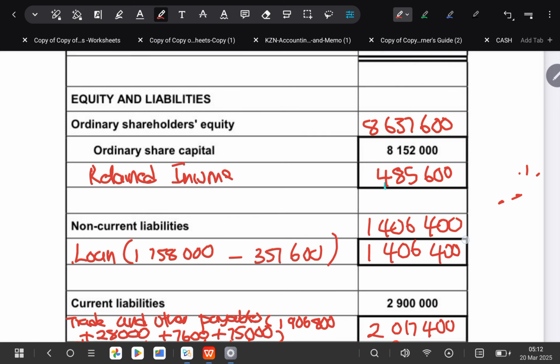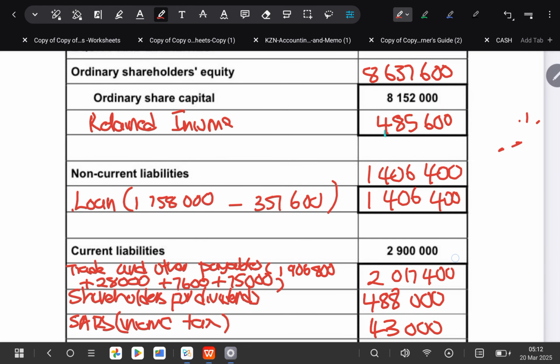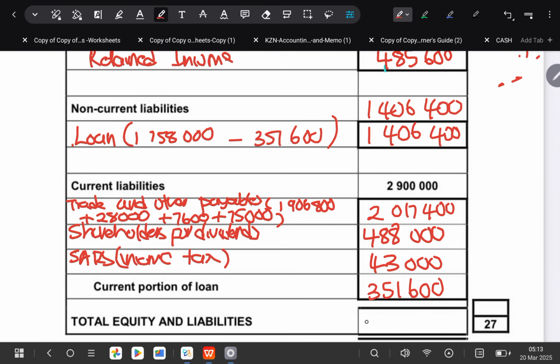So you'd have your 1,406,400. Now if you check, we have the total equity and liabilities, so we can just add. If we say 8,637,600 plus 1,406,400, and then also plus 2,900,000, it is going to give us 12,944,000.